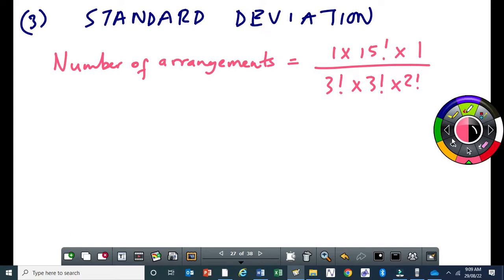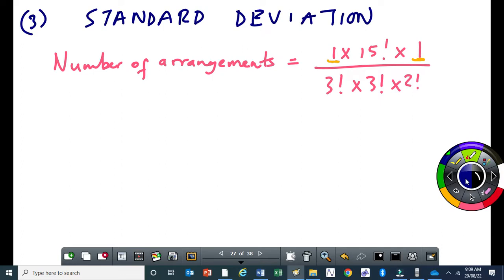I prefer to write it this way because this means the first letter is an N and the last letter is an N. How many are left between those 2 N's? 15, so 15 factorial. Even if you put it outside of the fraction, it won't make a difference to the final answer.